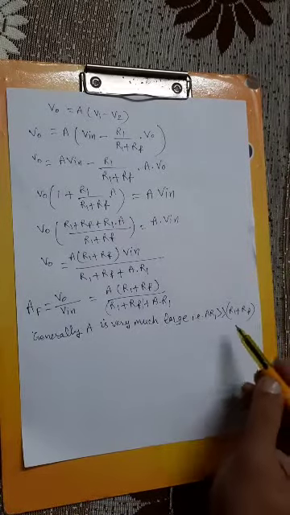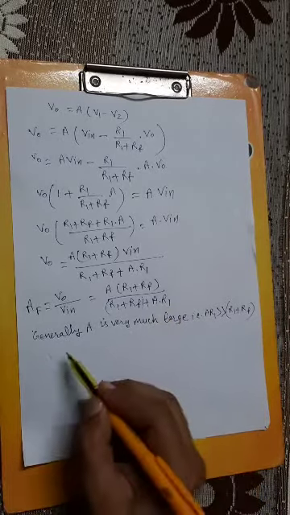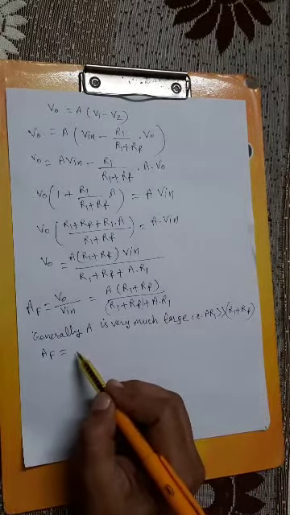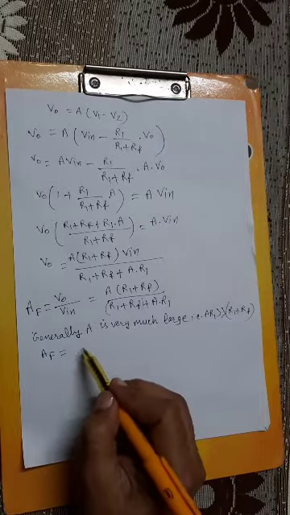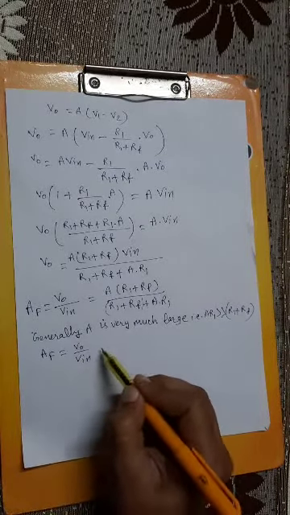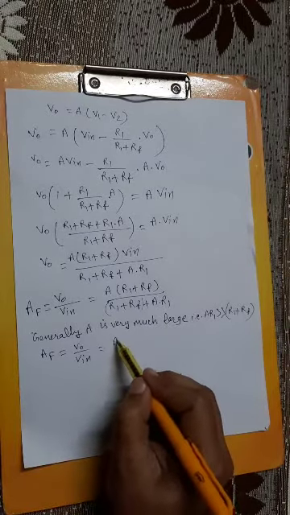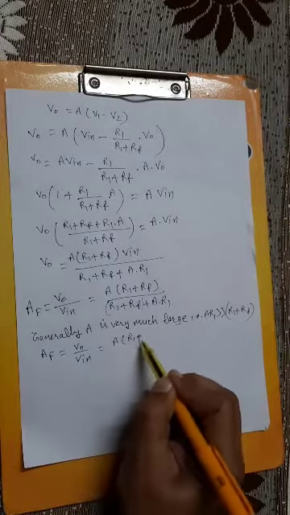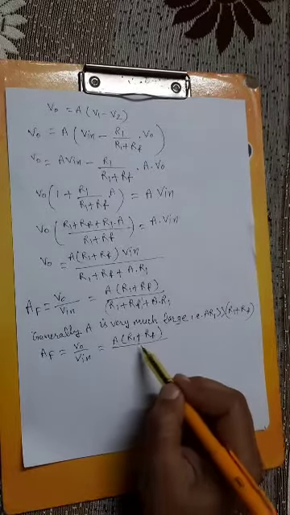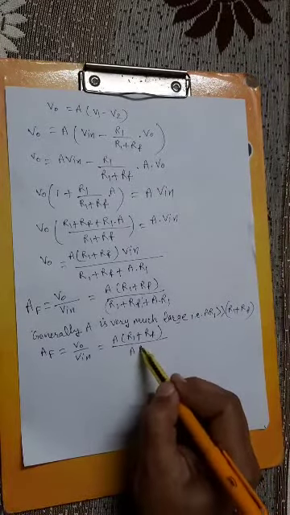So we can write AF, V naught by V input, is equal to A (R1 plus Rf) by A R1.